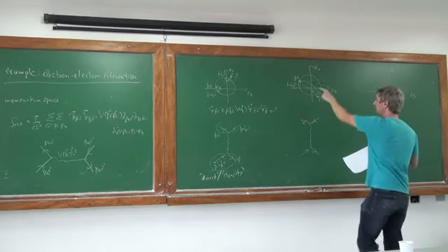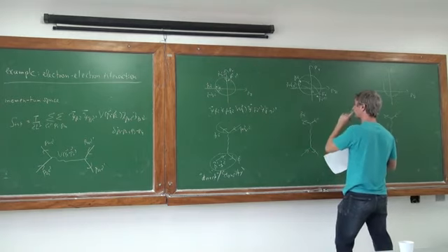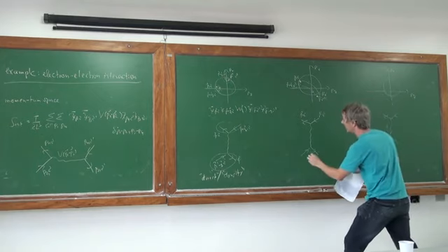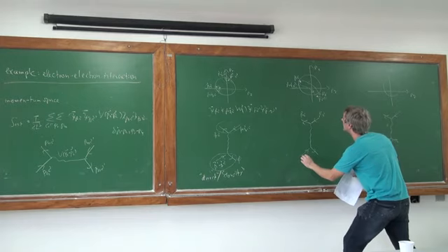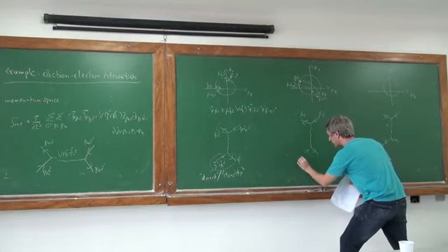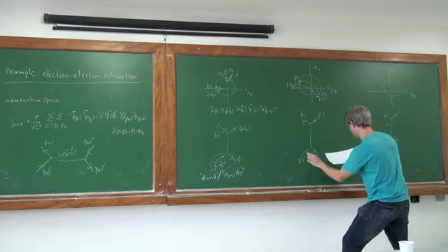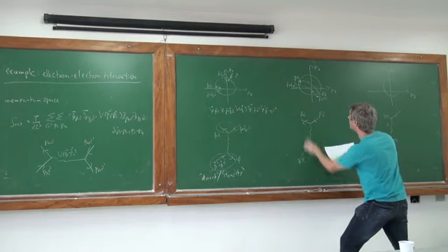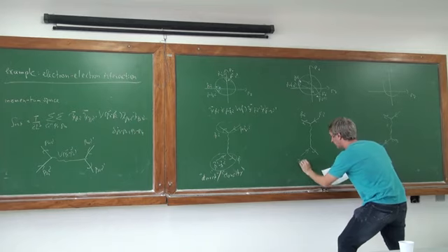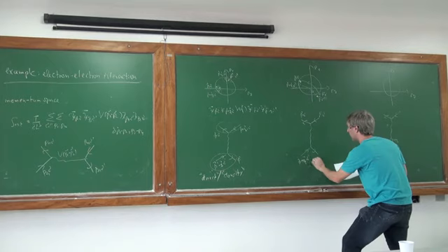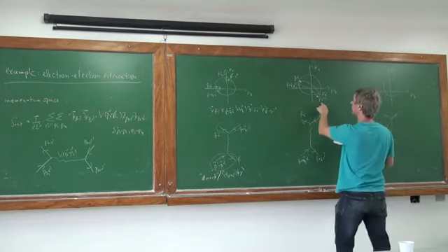Okay, so if we draw this again, we have an outgoing state P sigma, the state P prime sigma, and an incoming state P plus Q sigma prime. Wait, what did I do here?